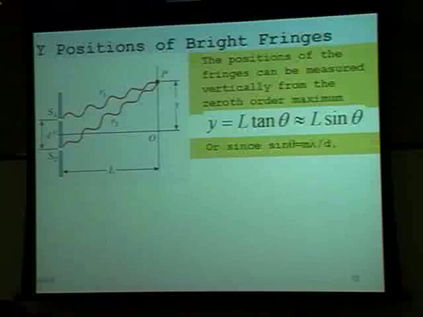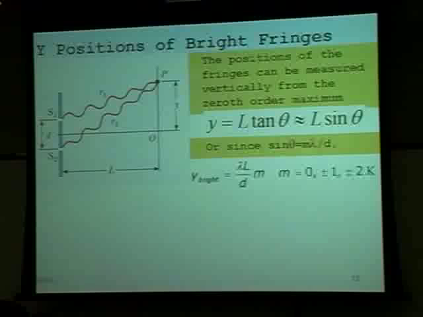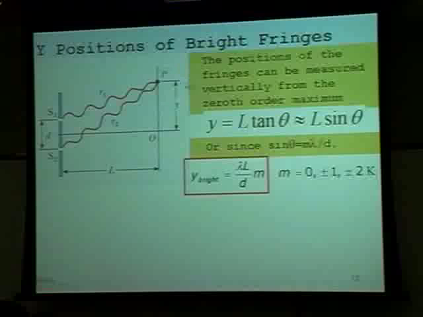Also, the sine of theta from our previous discussion about path length is equal to some integral number of wavelengths, m lambda, divided by d. So making that substitution, the distance to the bright fringe will be equal to the wavelength times the length to the screen, divided by the slit distance, times m, where m is equal to some integer, 0, plus or minus 1, plus or minus 2, and so forth.